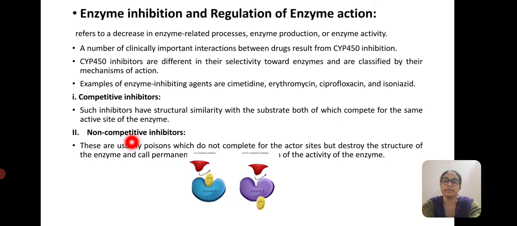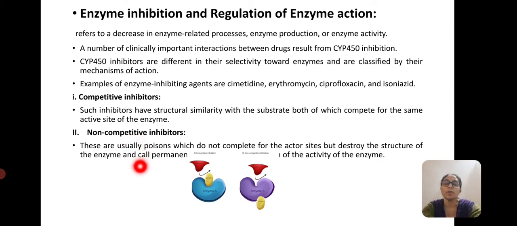We call them competitive inhibitors because they compete for the active site, since they resemble the same structure of the substrate. Before the substrate goes and binds to the active site, these competitors will go and bind, and thus no product is formed.